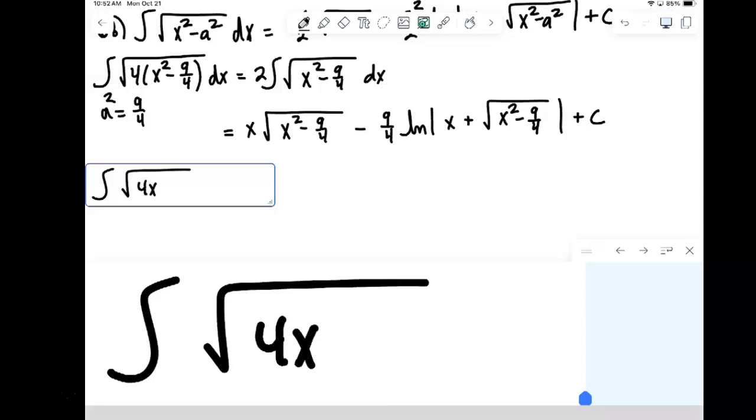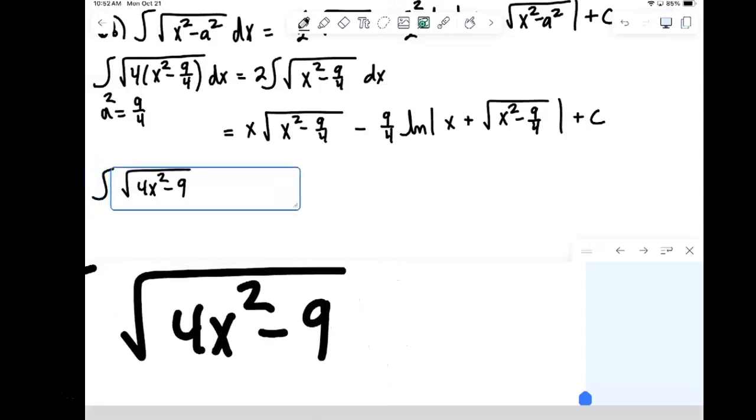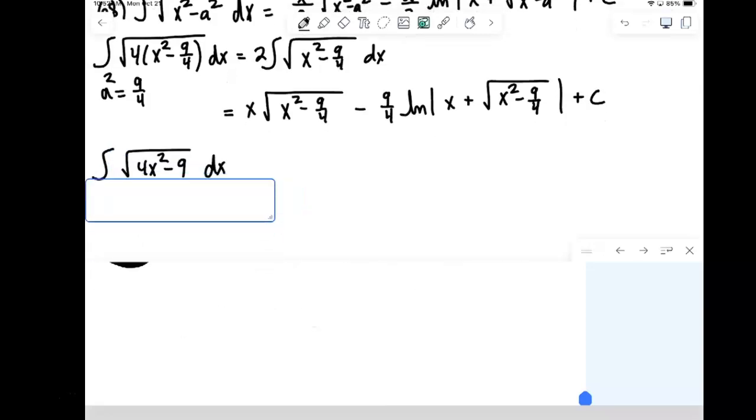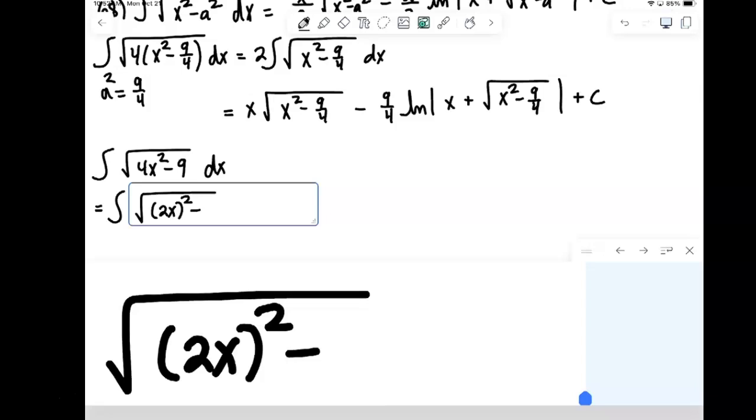Integral of the square root of 4x squared minus 9. This is u squared minus a squared, so this is fitting that format for a secant substitution, because this is really the integral of the square root of (2x) squared minus 3 squared.